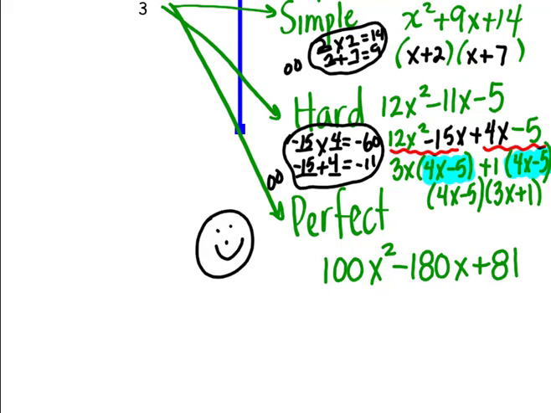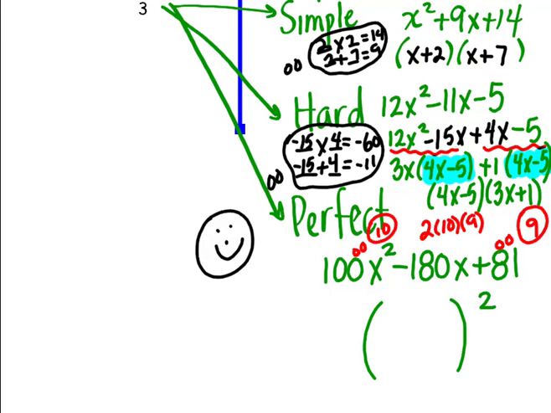But if you recognize that that first number is a perfect square, which is 10, and the last number is a perfect square, which is 9, and 10 times 9 is 90, doubled is 180, then that is all the makings of a perfect trinomial square, and we can just immediately jump to the final answer. The square root of 100 is 10, the square root of 81 was 9, and it was subtract because it was take away 180x.